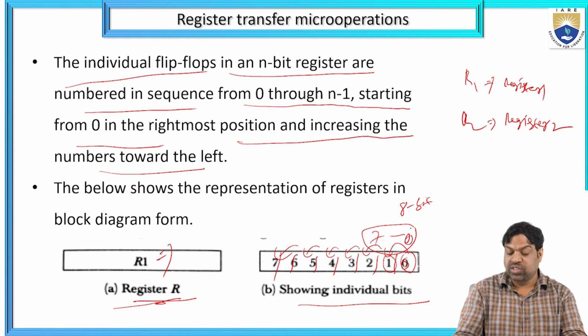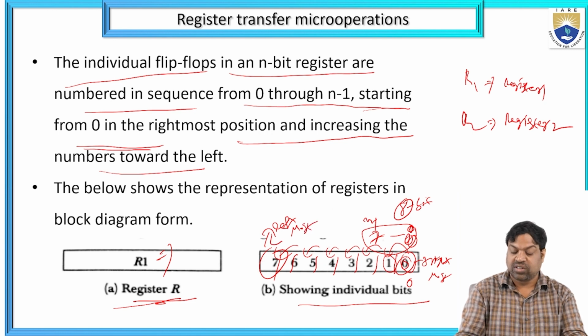So 0 to 7 means 0 to n minus 1. What is n here? 8. 8 minus 1 means 7. So 0 to 7 bits. 0 is the rightmost, and n minus 1 is the leftmost.